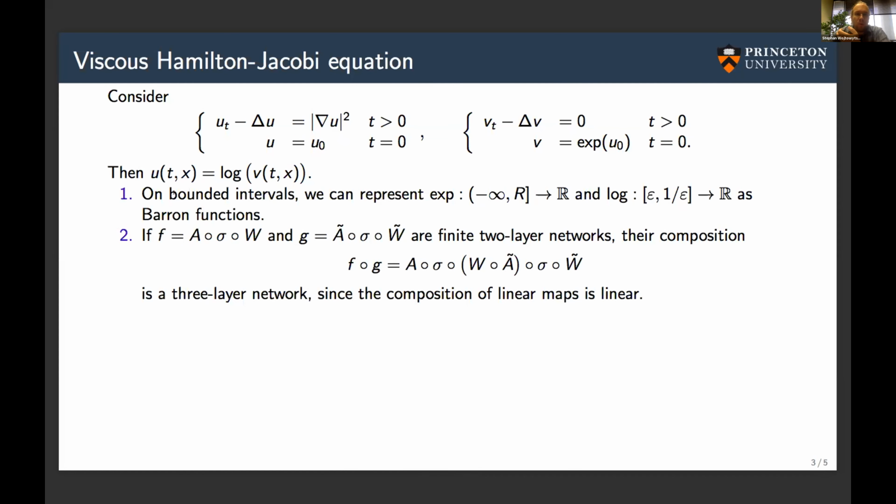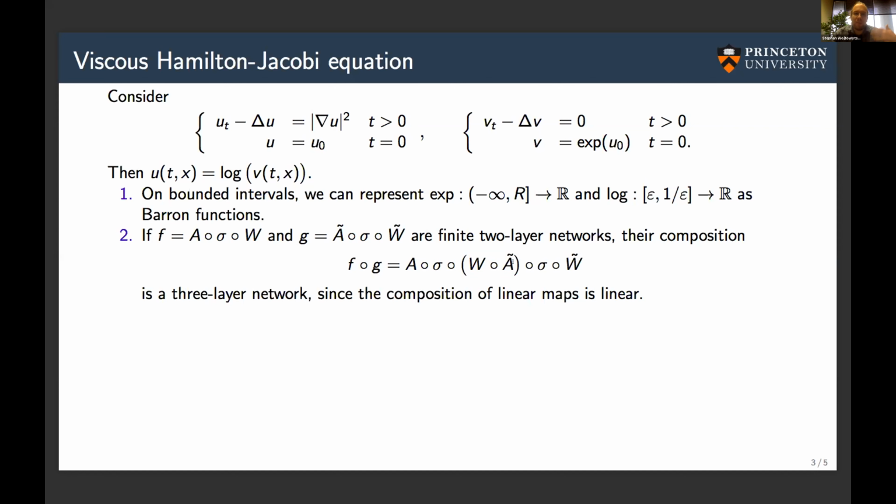So on bounded intervals, the exponential function and the logarithm can be represented effectively using shallow neural networks. And if we have a composition of linear map, nonlinear, linear, nonlinear, etc., and we just combine where two linear maps meet into one single linear map, then we get, again, a neural network.